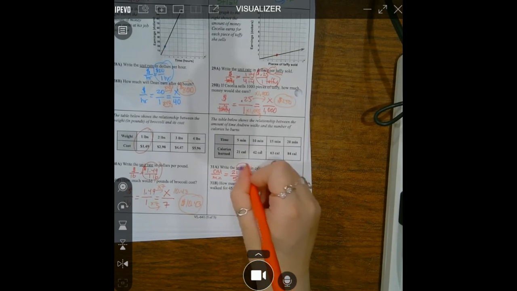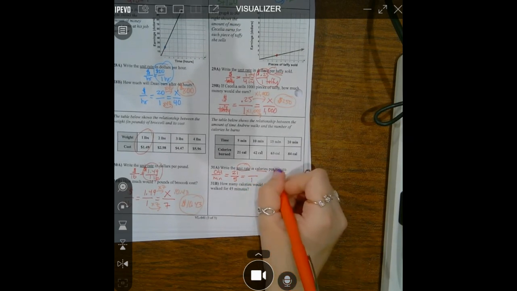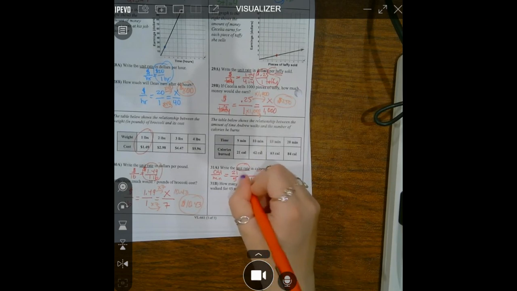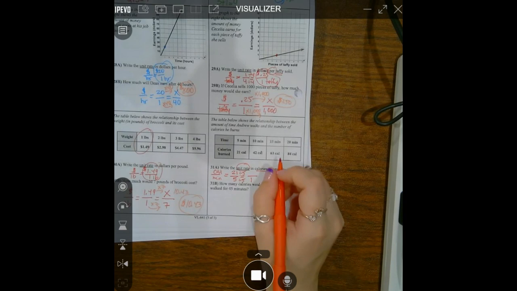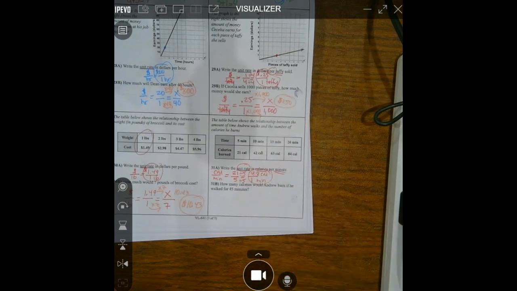But you want to find the unit rate, so you want the denominator to become 1. You want to know how much it is for just 1 minute. Well, how do you go from 5 to 1? Divide by 5. So do the same thing here. What is 21 divided by 5? 4.2. So this unit rate is that you can burn 4.2 calories per minute. Done.